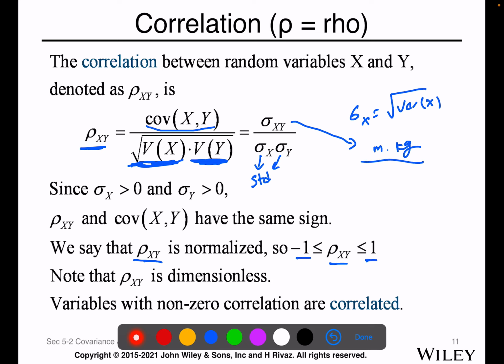And then sigma x is going to have a unit of meter, and sigma y is also going to have a unit of kilograms, right? So everything cancels out. So rho becomes unitless. And that's another nice property, right? Anything that's unitless especially carries some intuitive information.